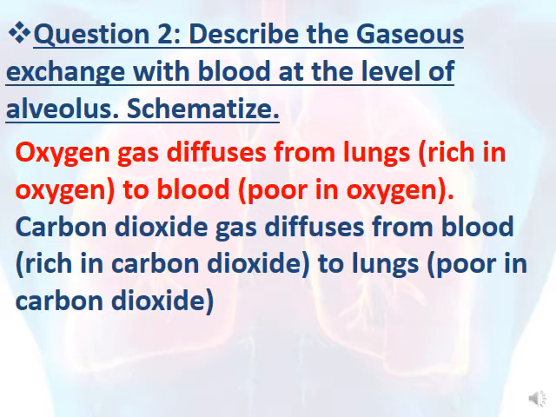So here the oxygen gas diffuses from a medium of high concentration of oxygen, which is the lungs, to a medium of low concentration of oxygen, which is blood. Whereas carbon dioxide gas diffuses from the medium that's rich in carbon dioxide, which is the blood, to the medium that is poor in carbon dioxide, the lungs.